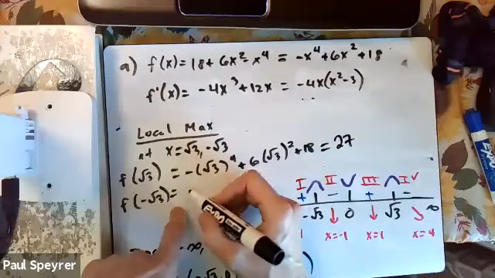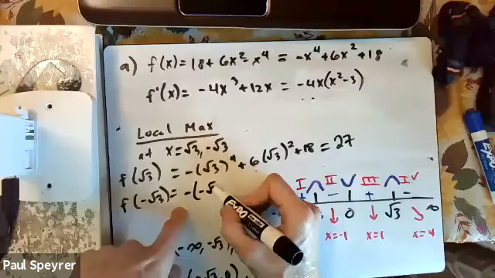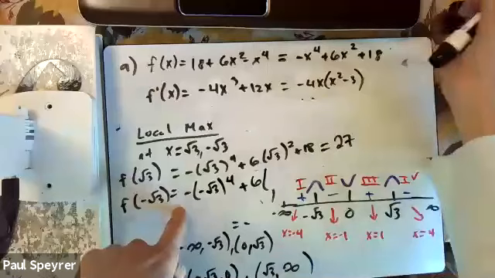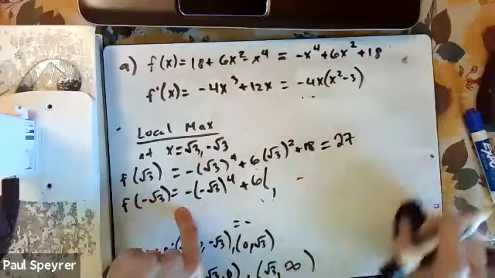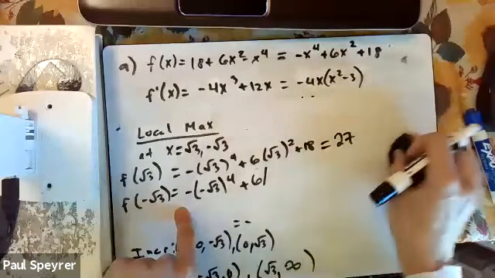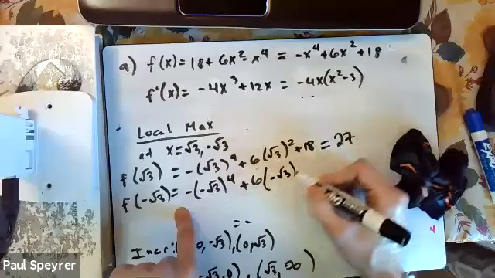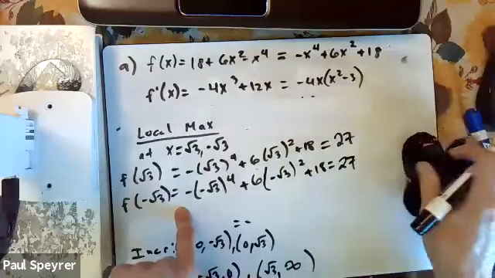Same thing with this one right here. Watch the signs. It's negative, and then negative root 3 to the fourth plus 6 times the negative root 3 squared plus 18. And you also come up with 27.